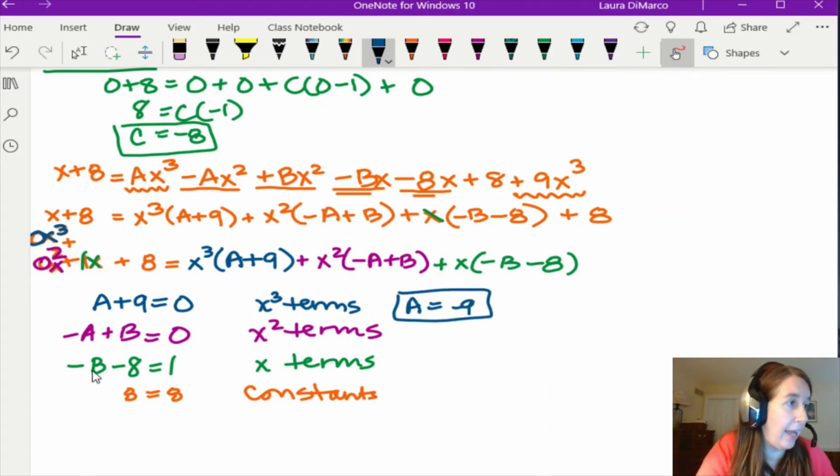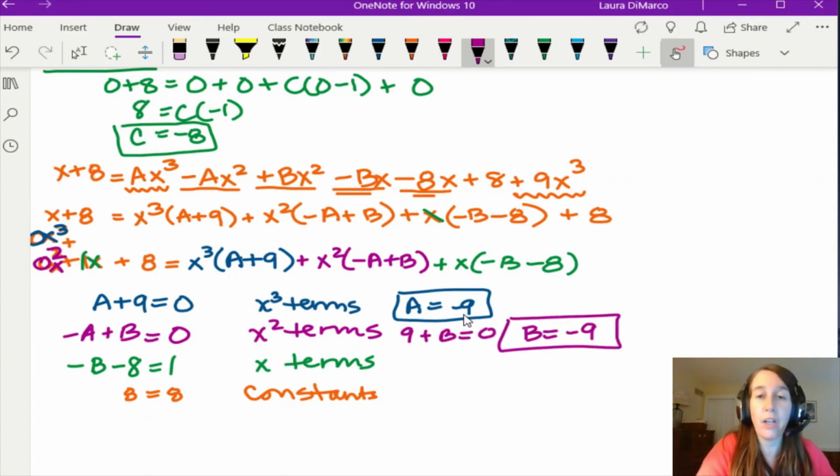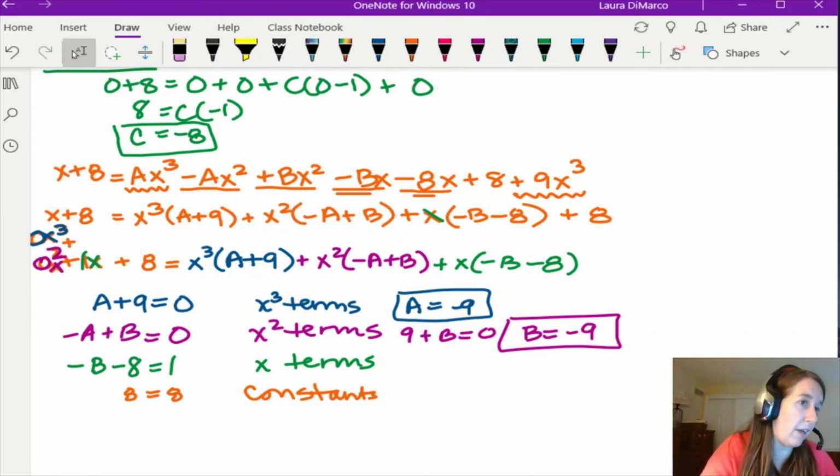Okay, and then B, if I plug into the second equation, or I can just solve the third equation. Negative 9, so 9 plus B equals 0. So B is also negative 9. Okay, so now we actually have A, B, C, and D, and we can write our answer.